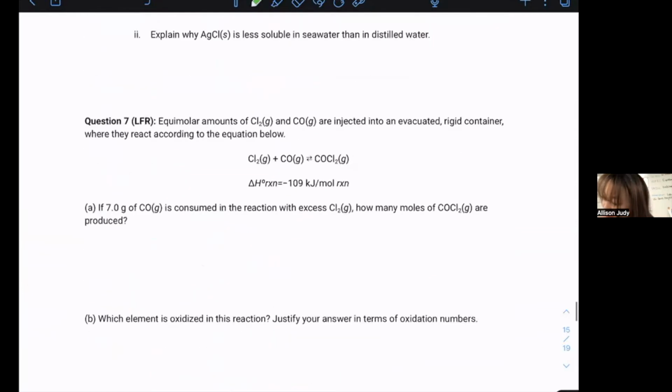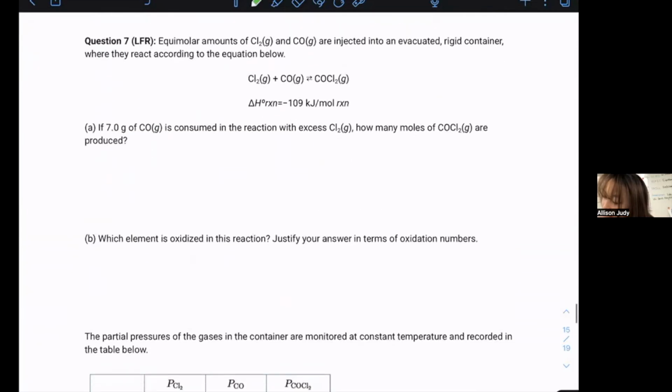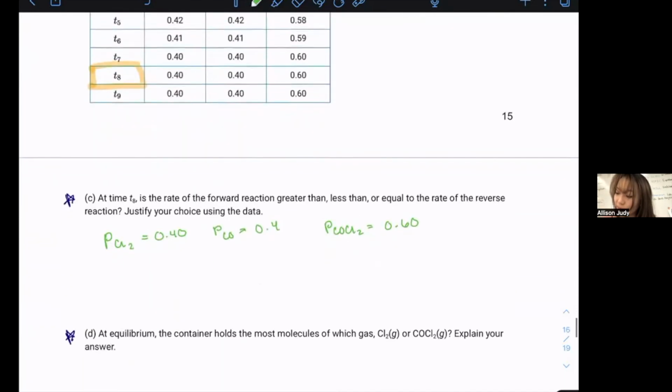Now, the ratio in our reaction says that we're in a 1-to-1-to-1 ratio according to the balanced chemical reaction, right? Cl2 plus CO goes to COCl2. So we're in a 1-to-1 ratio.